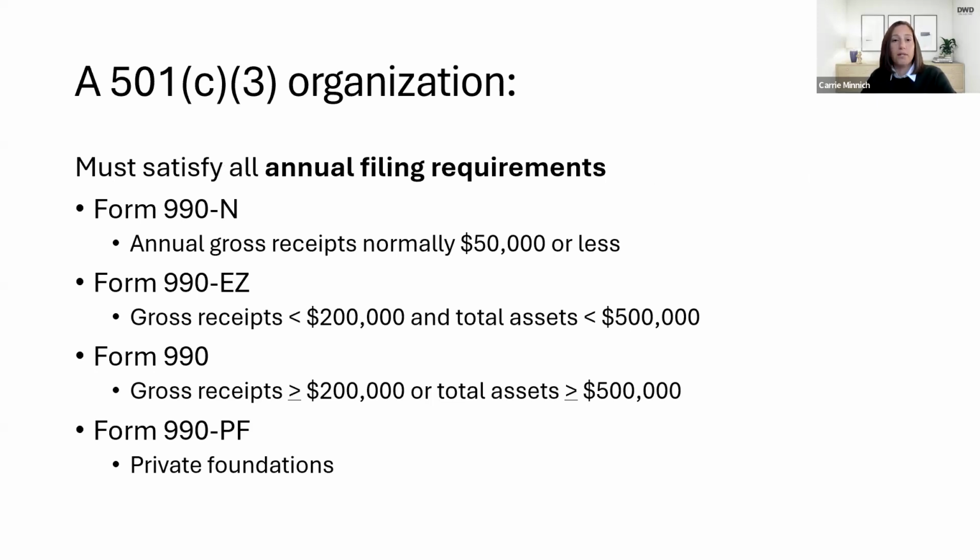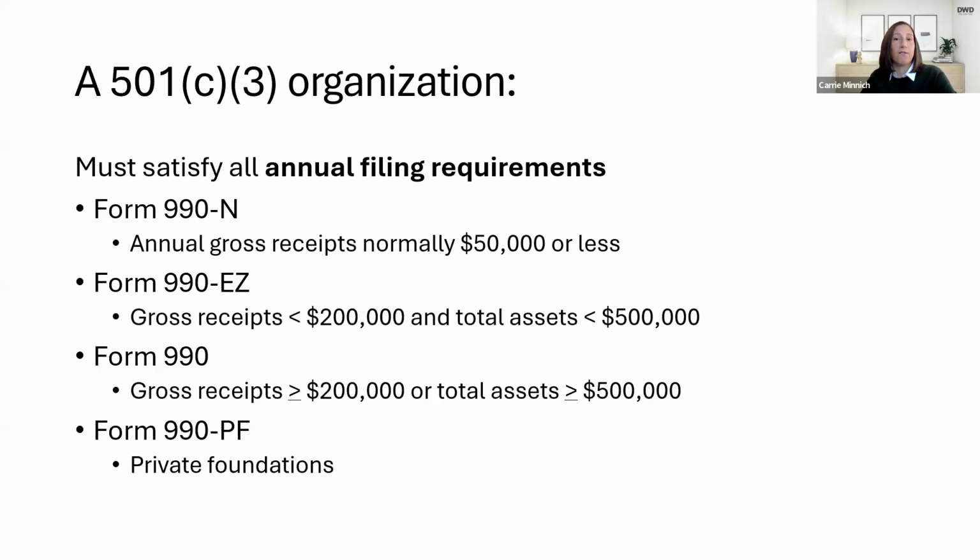There are really three different forms for public charities: Form 990-N, Form 990-EZ, and Form 990. Which form you file really depends mostly on your revenue and assets. However, there are some types of specific nonprofits, such as supporting organizations, that are not allowed to file a Form 990-N or EZ and must file a Form 990.